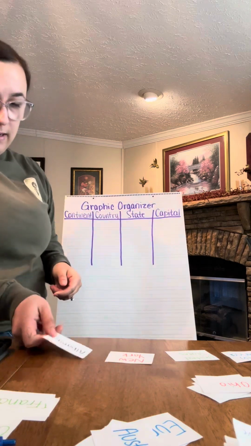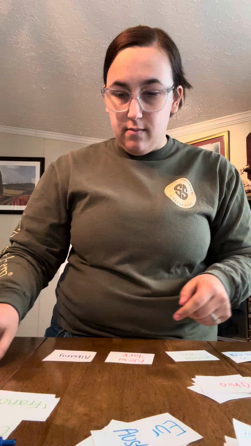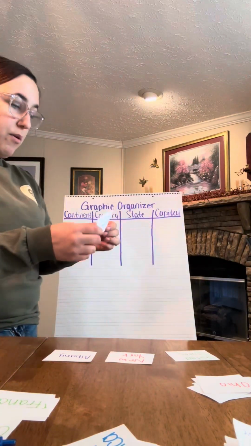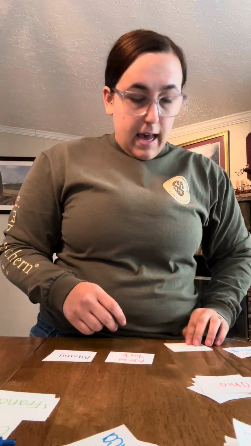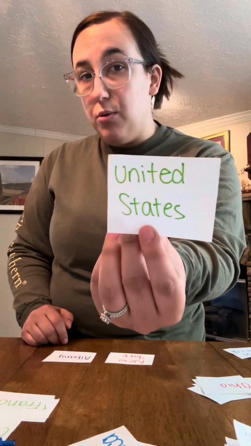Okay. Let's do one more together, and then I'll let you guys get with your partners. Let's do another North America one, okay? So we would put North America here. And we have our country, which is the United States.